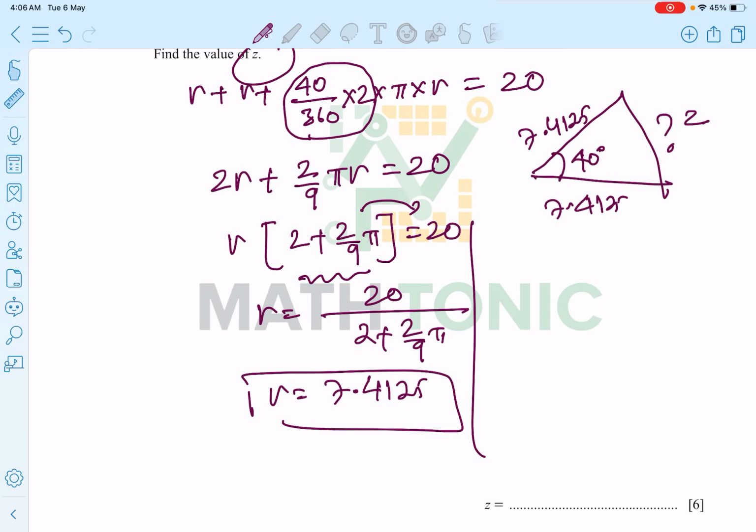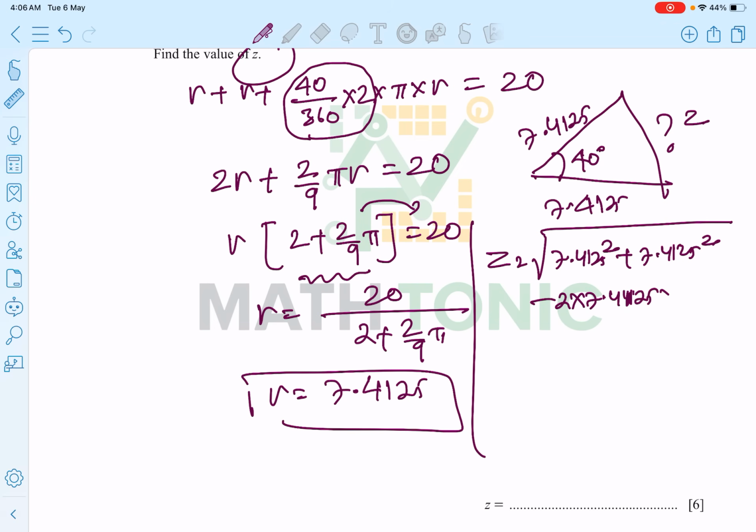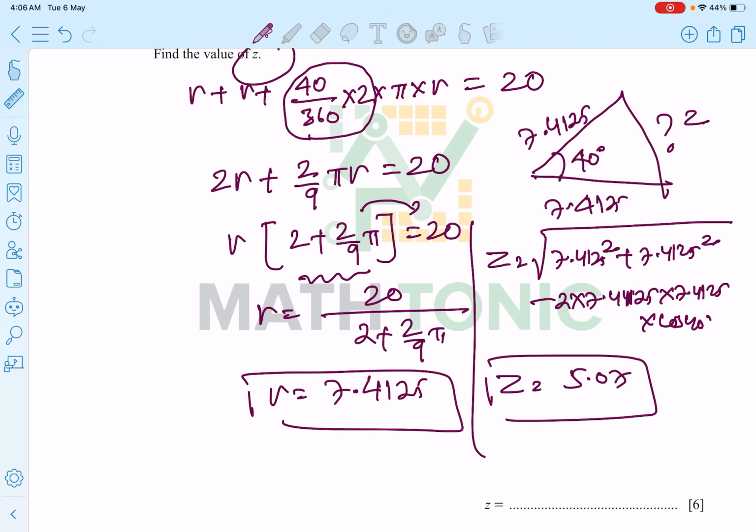So z equals the square root of 7.4125 squared plus 7.4125 squared minus 2 times 7.4125 times 7.4125 times cos 40, right? So z equals, when I put the value, you will get 5.07. So we got this value as 5.07.